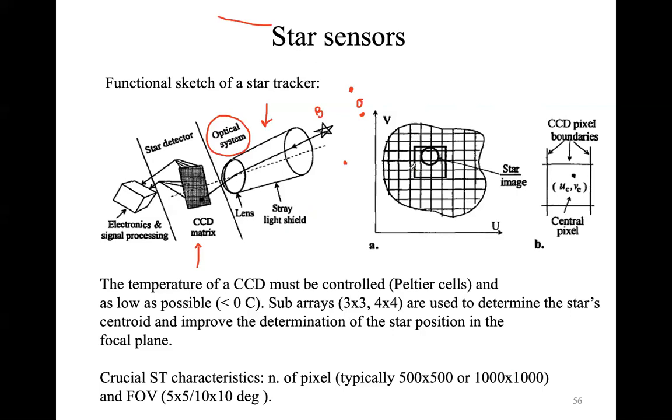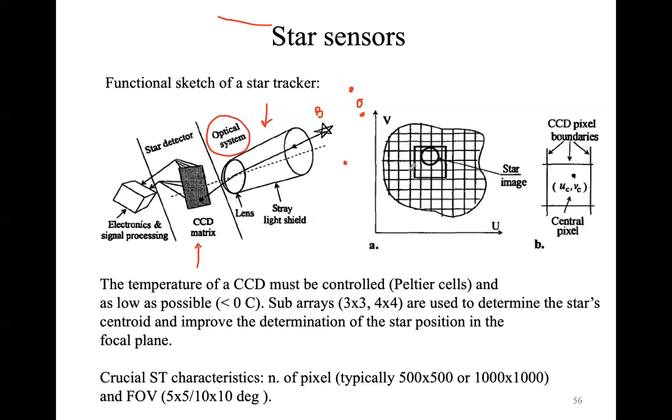why do we need to design the charge-coupled device with a larger number of pixels? That could be one of the questions that could be asked later. So we need a larger number of pixels in order to have a better accuracy in the attitude determination.